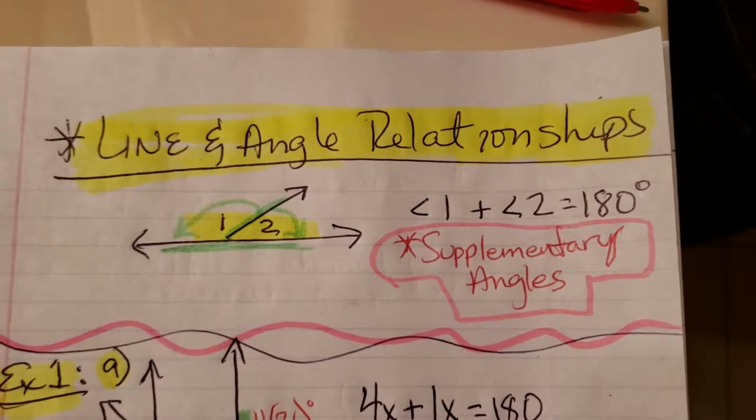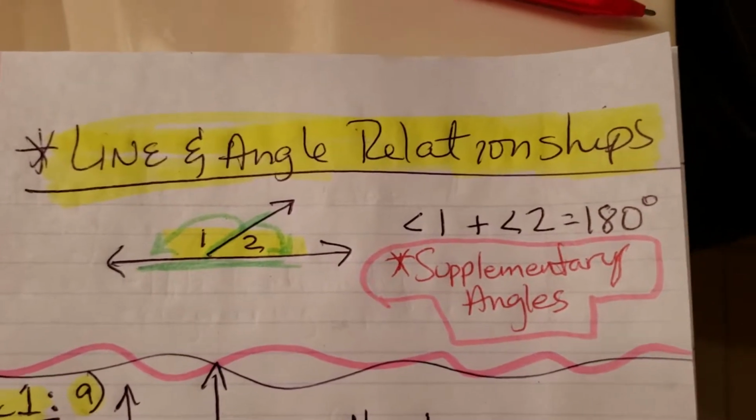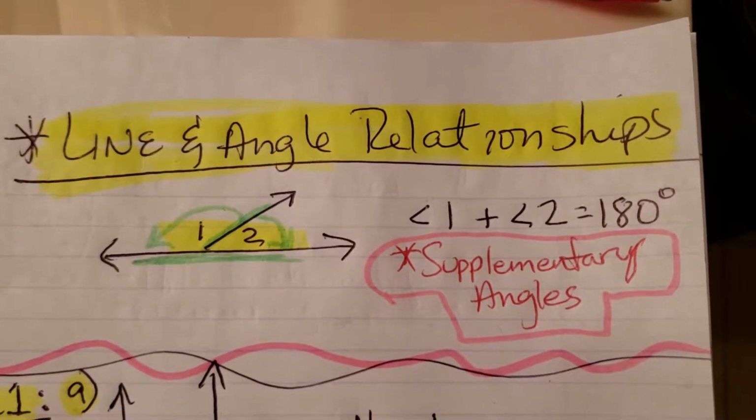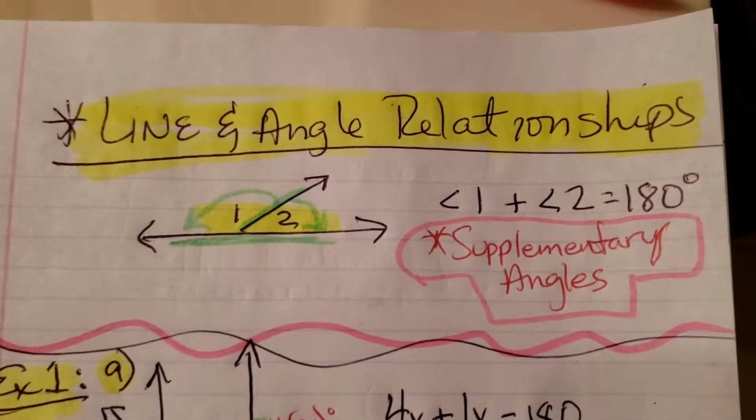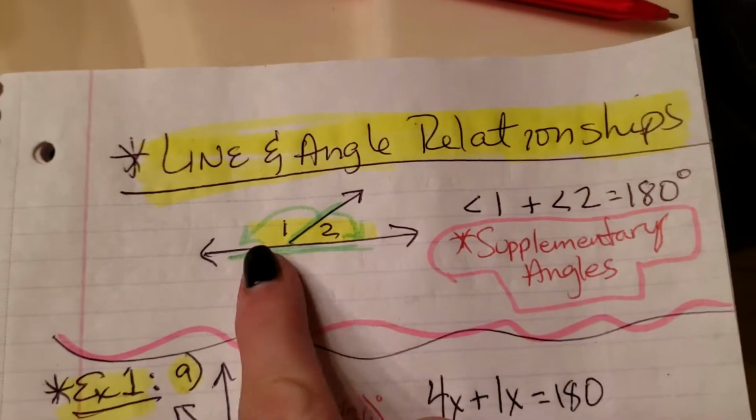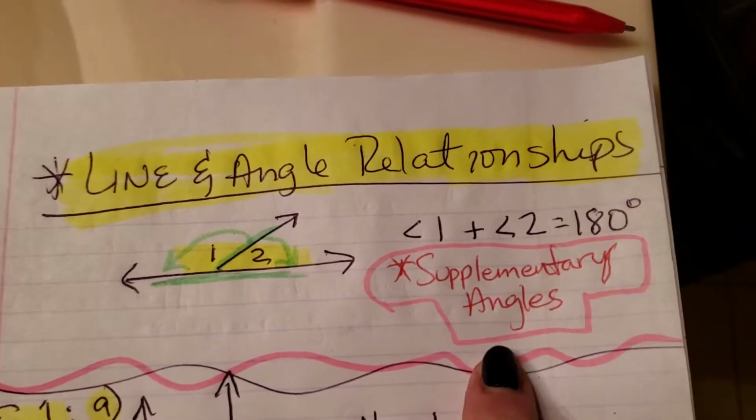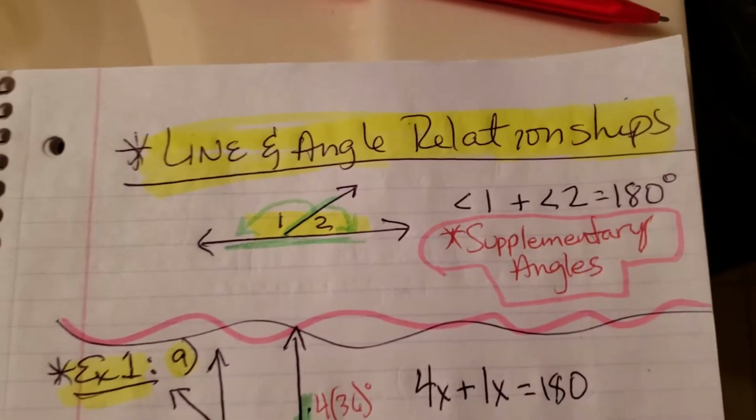Okay, I got cut off on my last video, but we're going to finish up line and angle relationships. Supplementary angles we talked about, that two angles that form a straight line are considered supplementary because their sum is 180 degrees.